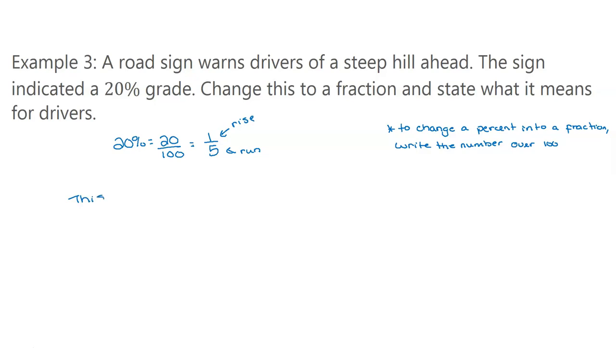So let's say that this means that for every 5 units horizontally, the road drops 1 unit.